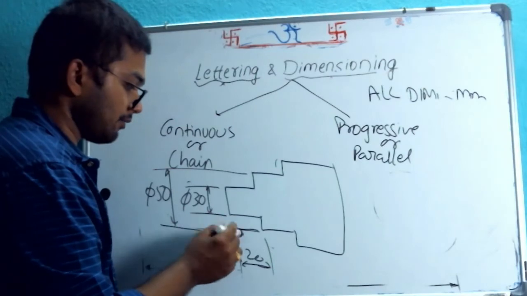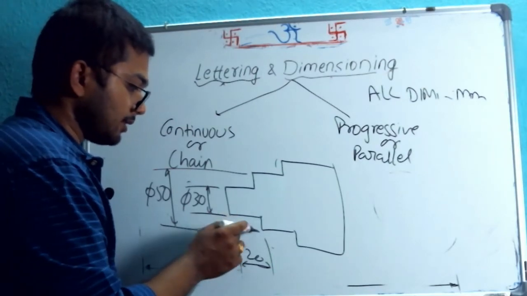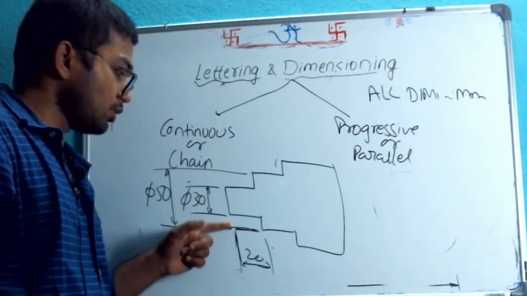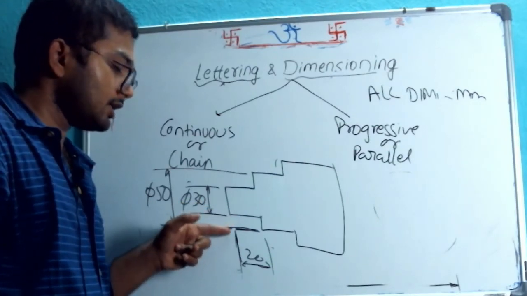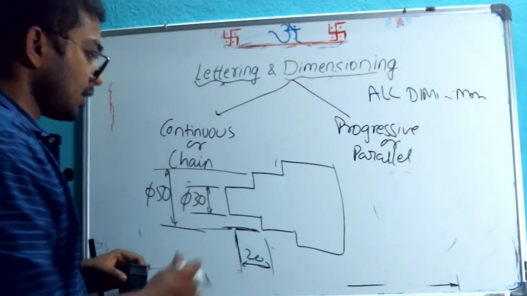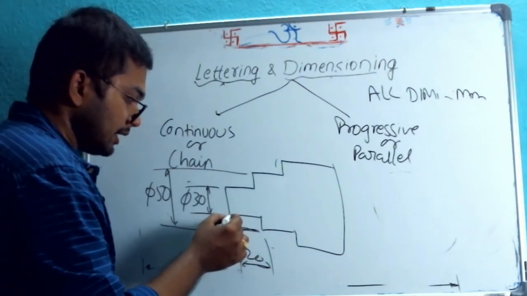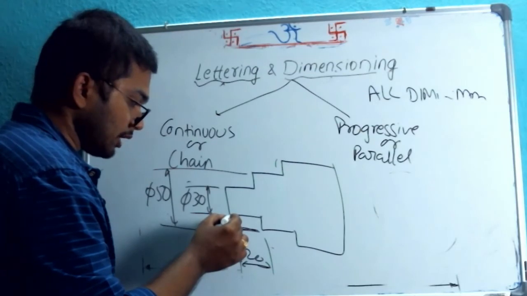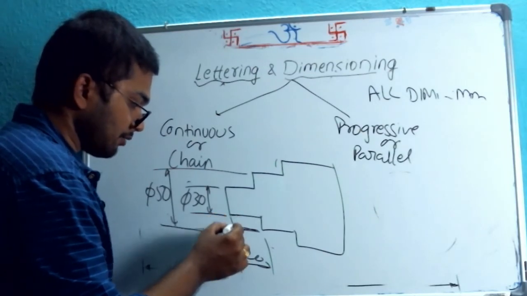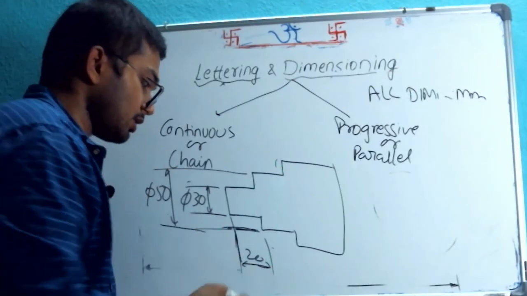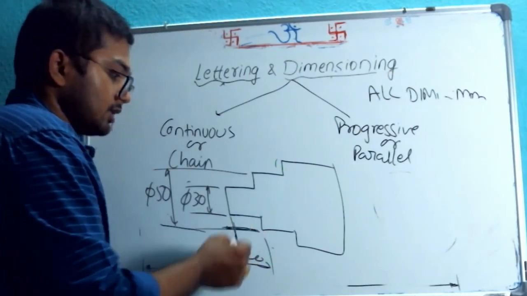Because if you draw it from here, in this diagram it is okay because it's very simple. But in complex diagrams, if you draw the extension line too much away from the feature, then you may get confused. So it is a generally followed rule that the extension line is some 3 to 4 mm maximum away from the actual feature edge from which we are trying to measure. So they can cross each other, that is not a problem.